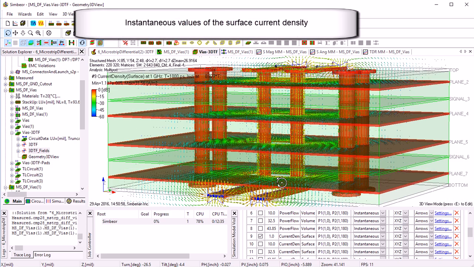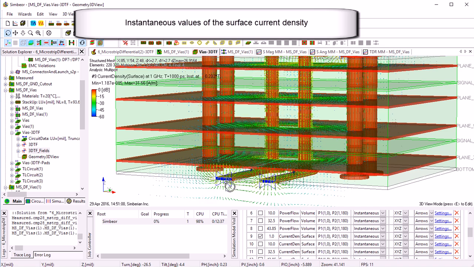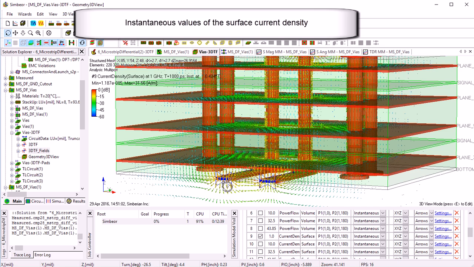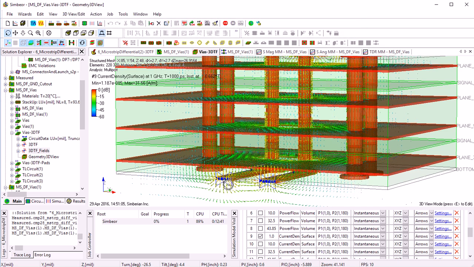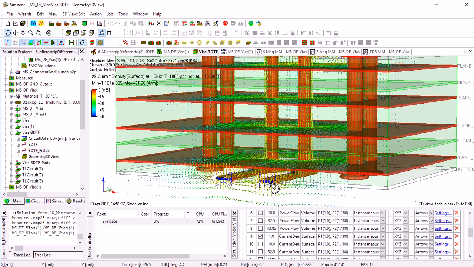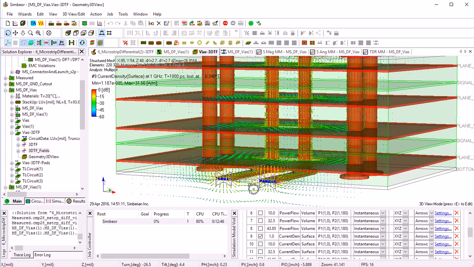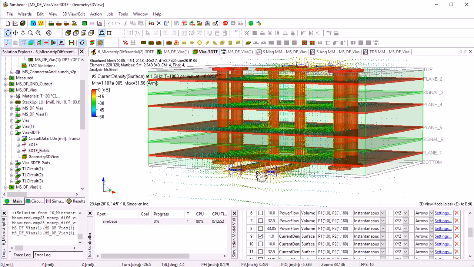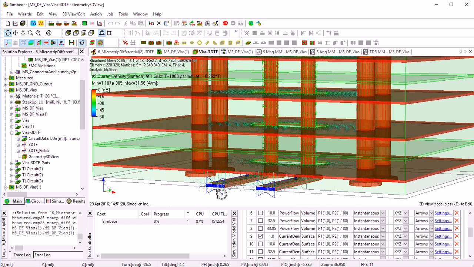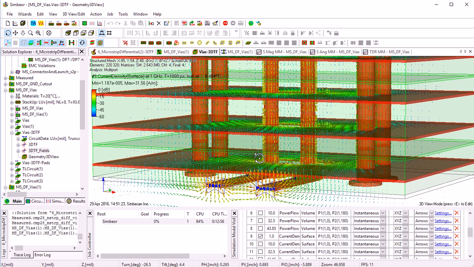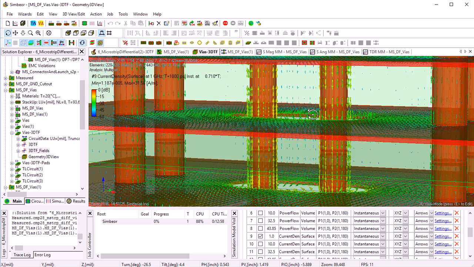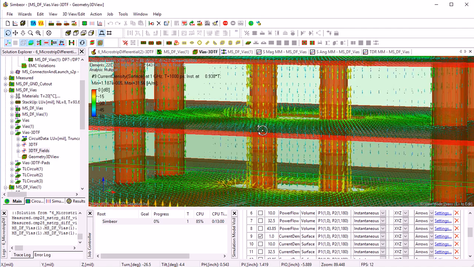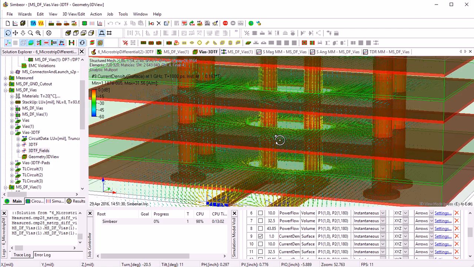The source here is located at the bottom, 1 volt in series with 50 ohm for this port and minus 1 volt magnitude, again in series with 50 ohm, that provides differential excitation here. Technically it's 100 ohm in series with 1 volt here, and we see currents flowing back and forth in opposite direction, but also fair amount of currents flowing on the planes.